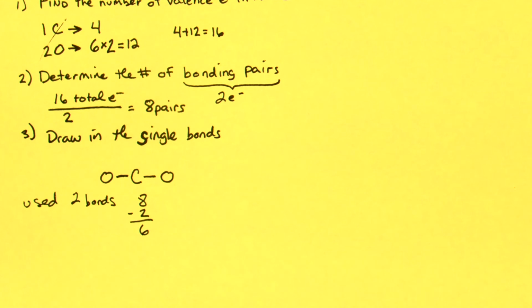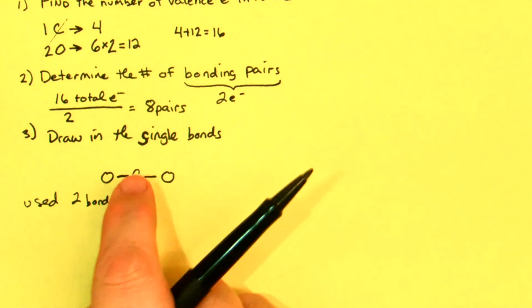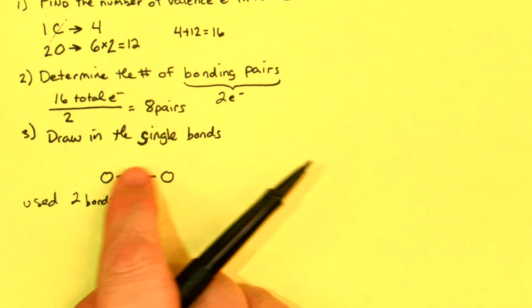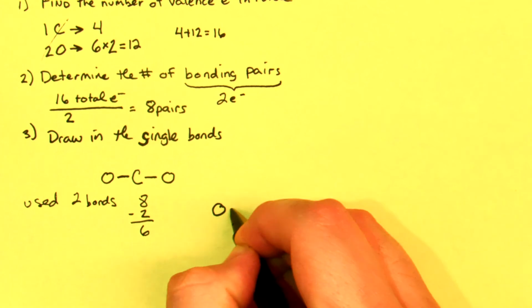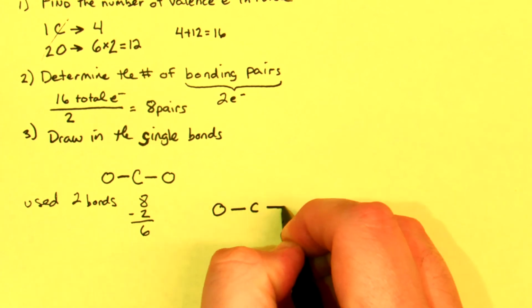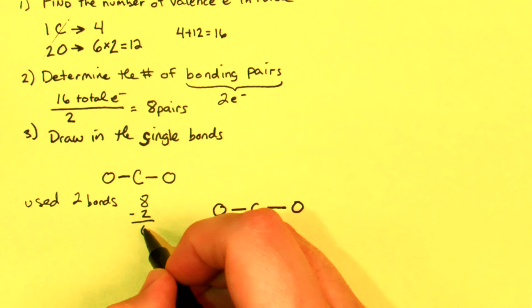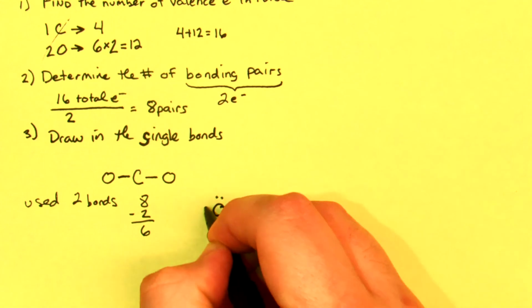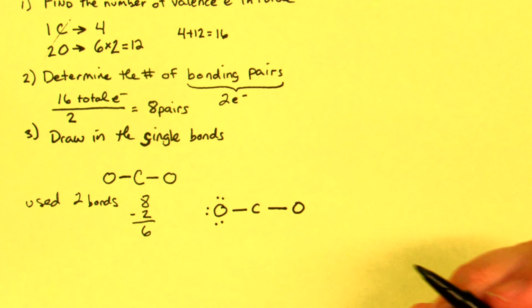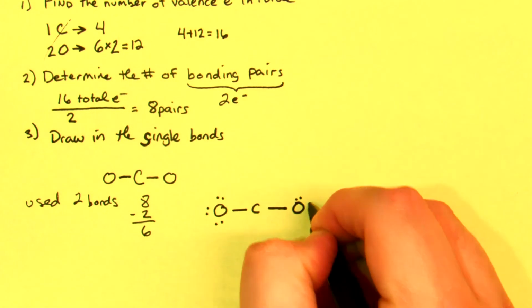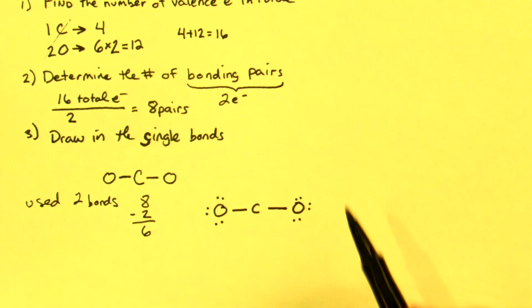Now, these oxygens are referred to as terminal oxygens. So what we're going to do is we're going to take the 6, and I'm going to put 3 lone pairs here, and 3 lone pairs here.